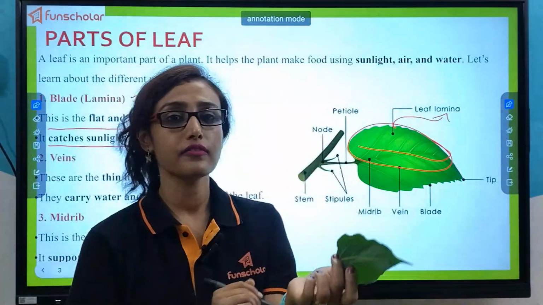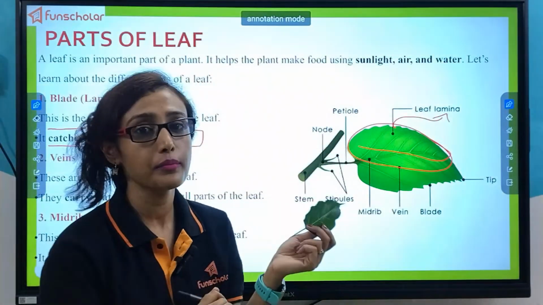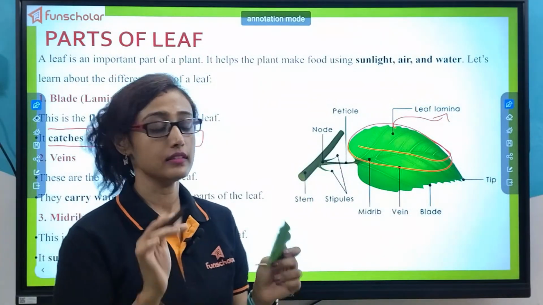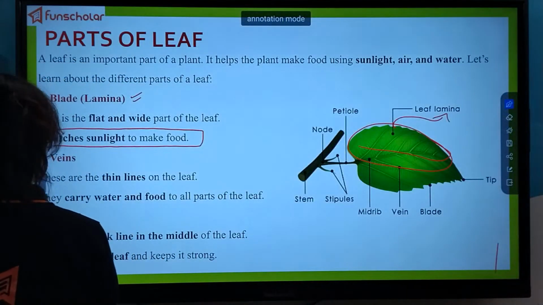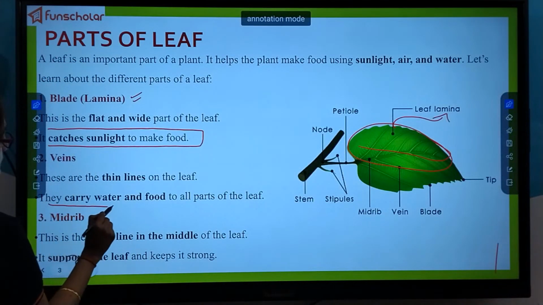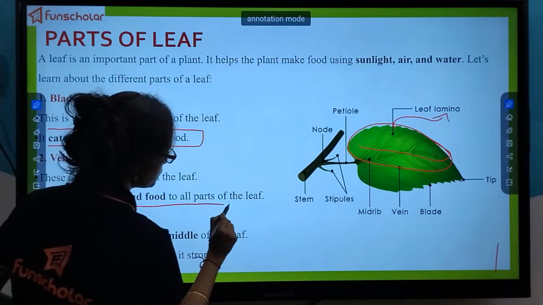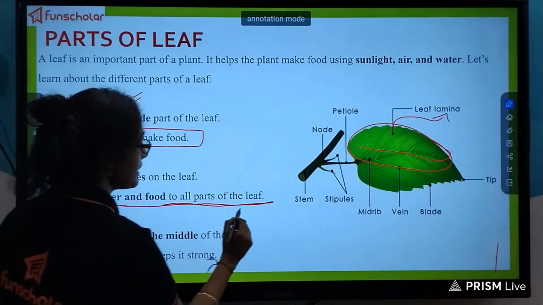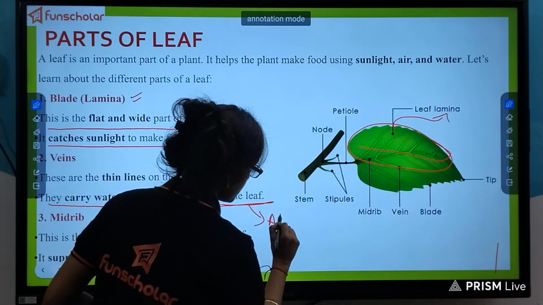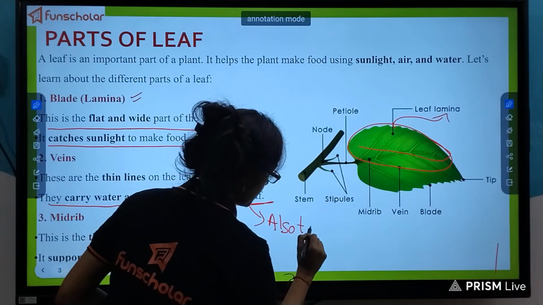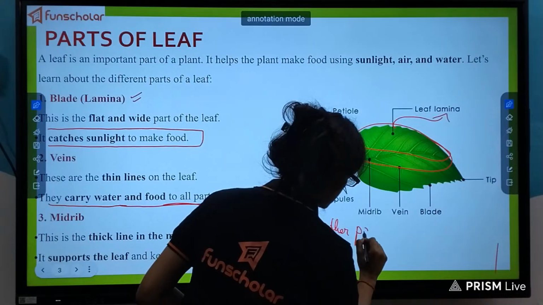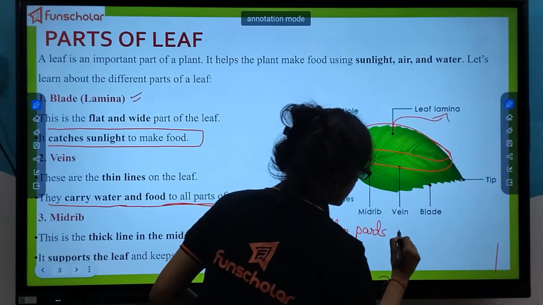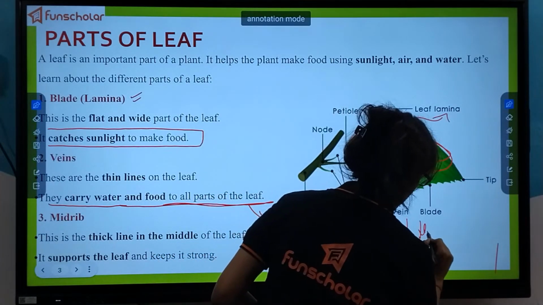Okay, now veins. Veins I have shown you. Just like our veins function in our body, the same function the vein does in case of leaf. Now what is that function? They help the plants to carry water and food to all the parts of leaf and also to other parts of the plant.